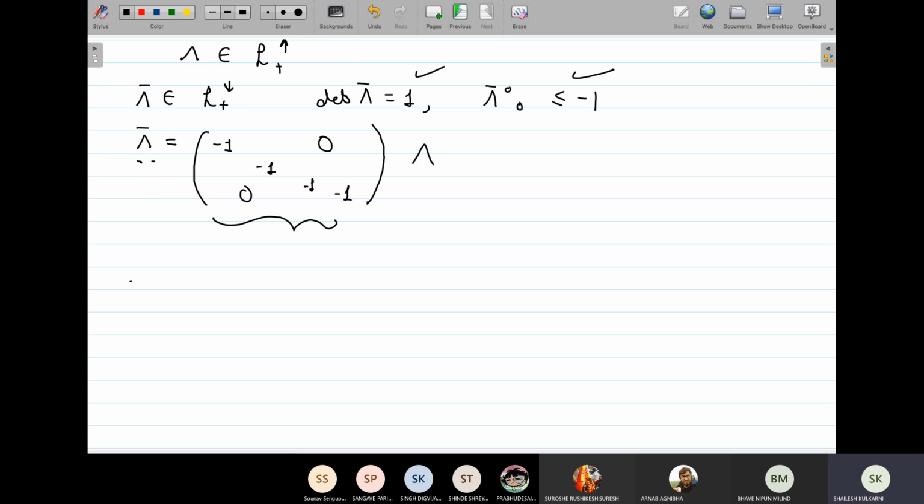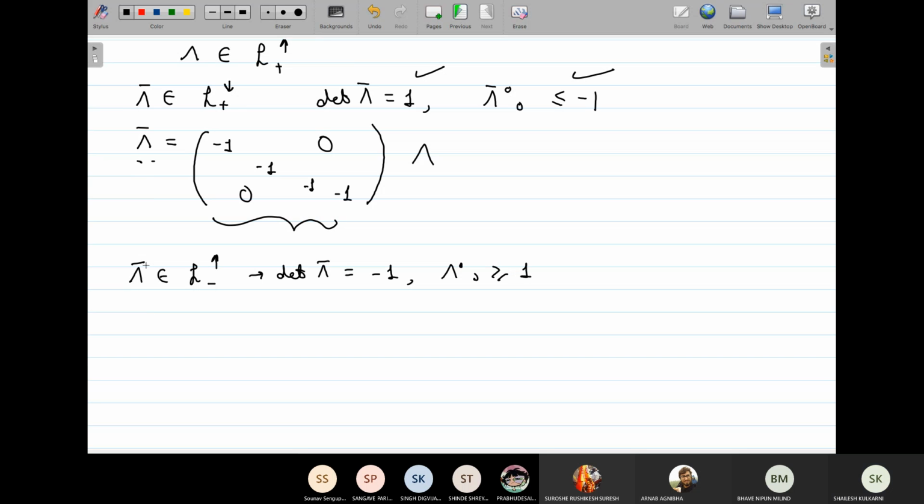Now, suppose your lambda bar belongs to L minus up. So it will have determinant of lambda bar equal to minus 1 and lambda 0 0 is greater than 1.